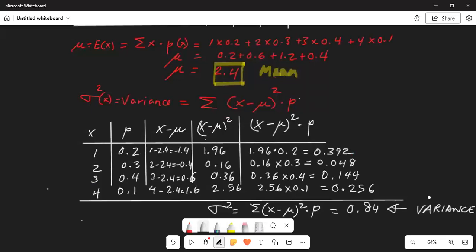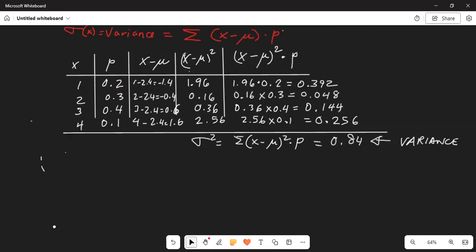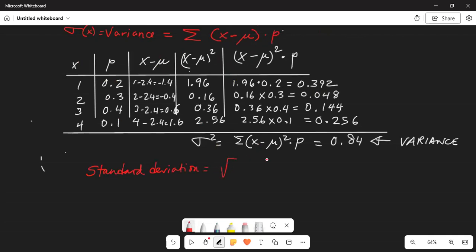So the next question is how to find the standard deviation. So let's move. So now we have to find the standard deviation. The standard deviation is equal to the square root of the variance, or the square root of 0.84, and that is equal to 0.9165.